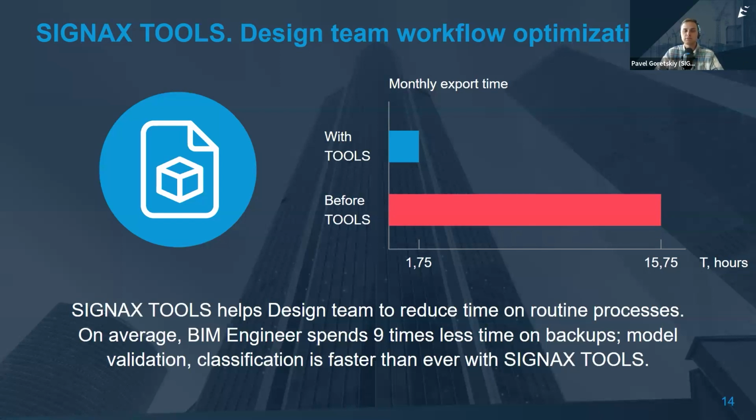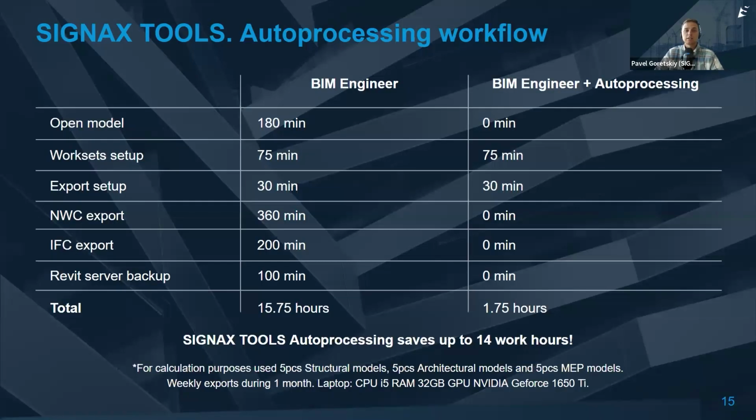On average, BIM engineer spends 9 times less time on backups. Model validation classification is faster than ever with help of SIGNAX tools. This is the calculation for opening and exporting BIM models to NWC and IFC formats, 5 architectural models, 5 structural models, and 5 MEP models.